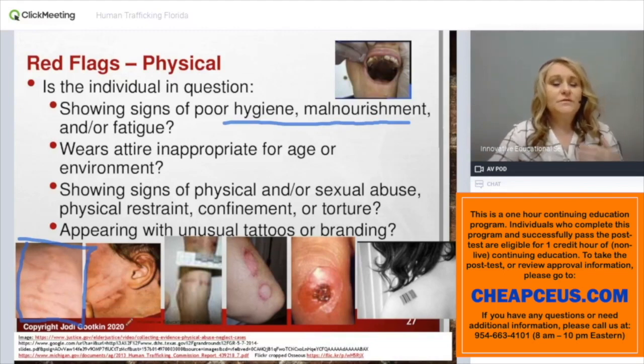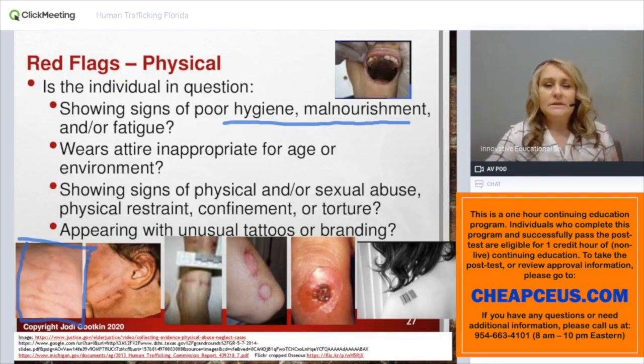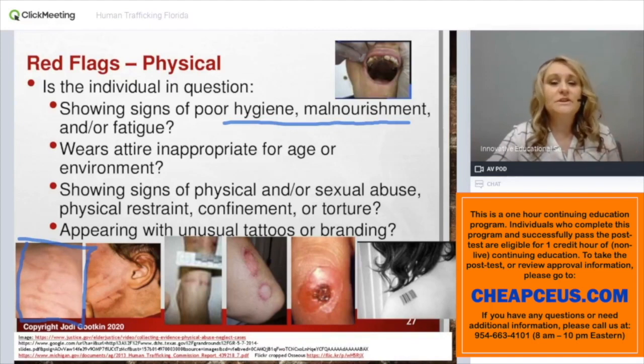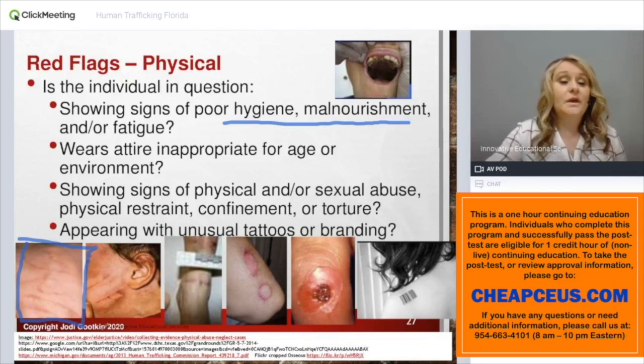When we look at injuries from specific types of restraint, I don't think it's something that many of us have encountered in healthcare, so you might not even know what to look for. That's why I'm taking a little bit of time now to go over some of these, just so that you've seen it and heard it once. So if this individual does present to you, you'll be better able to identify it.